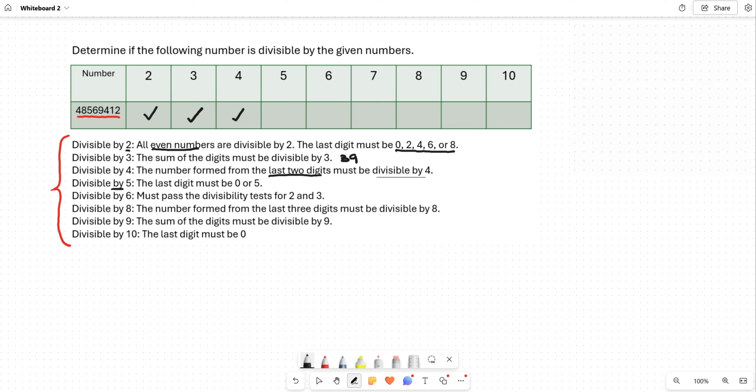Now, divisible by 5, the last digit must be a 0 or a 5, which it isn't, so we can get rid of that, and we can move on. Divisible by 6 must pass the divisibility test for 2 and for 3, and in this case it does, so we can tick 6 as well.